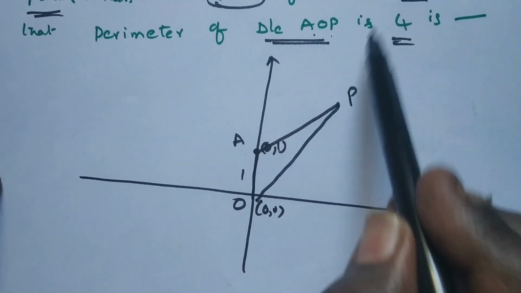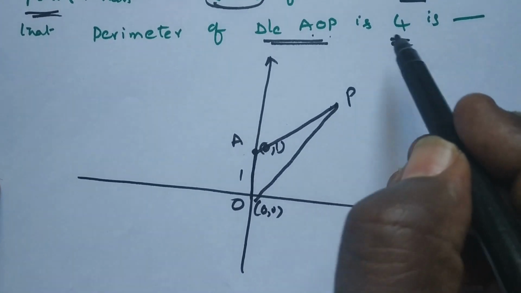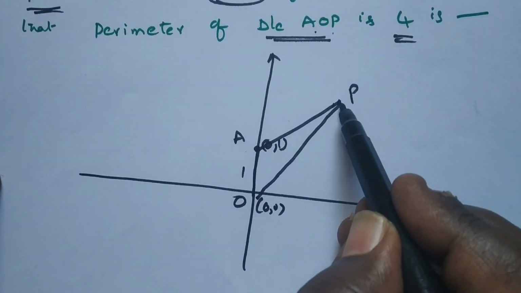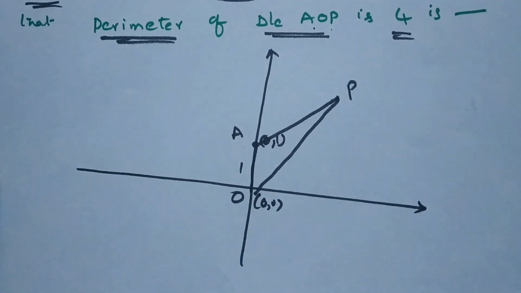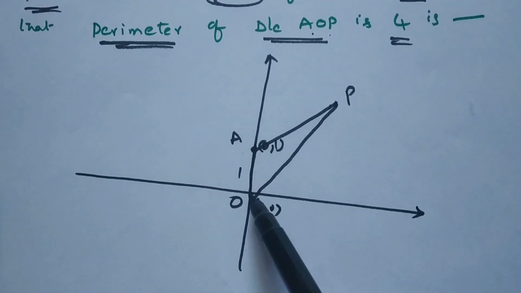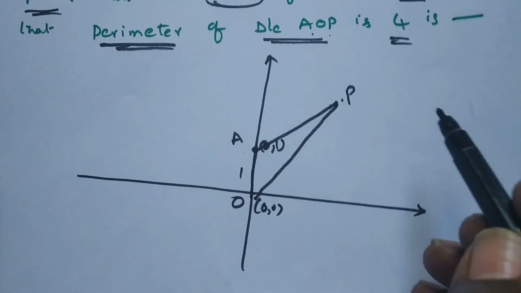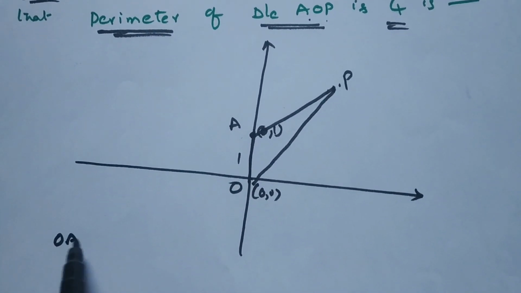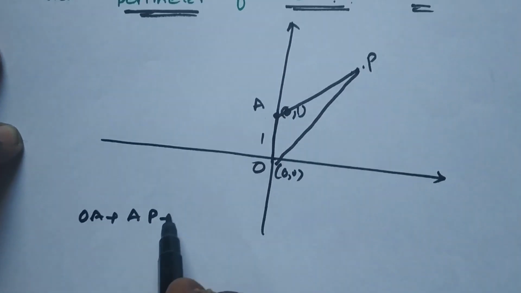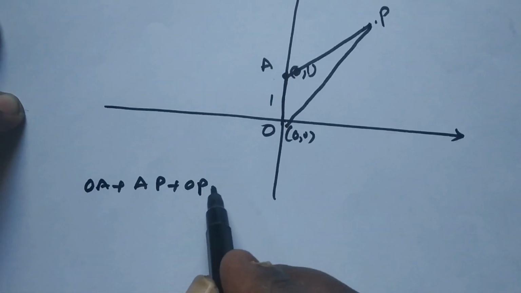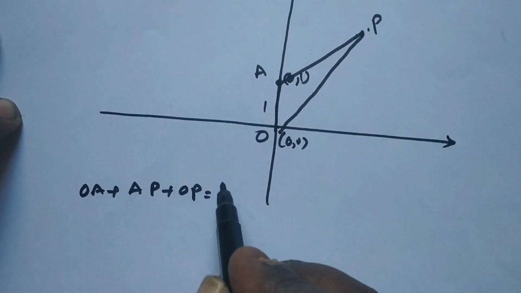Its area is always fixed, that is 4 square units. Then we have to find the locus of point P. Not area, sorry, perimeter. Perimeter is fixed, that is OA plus AP plus OP is equal to 4.